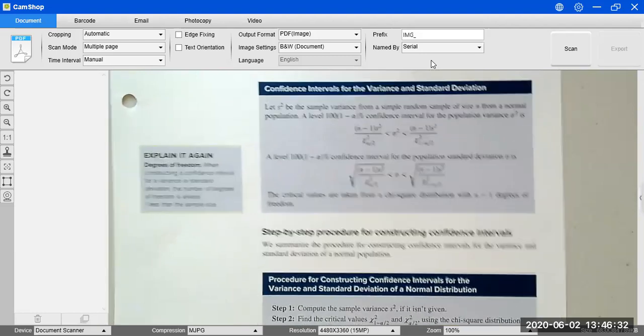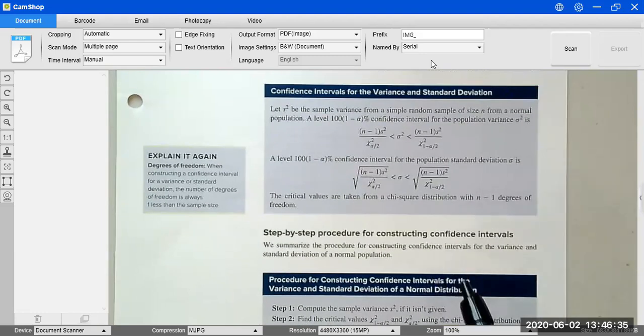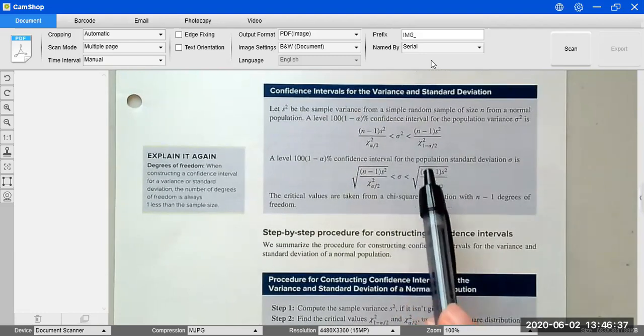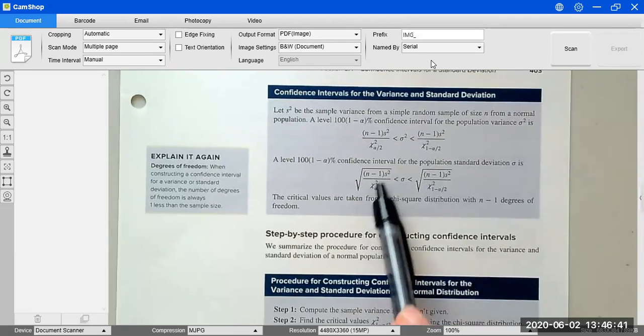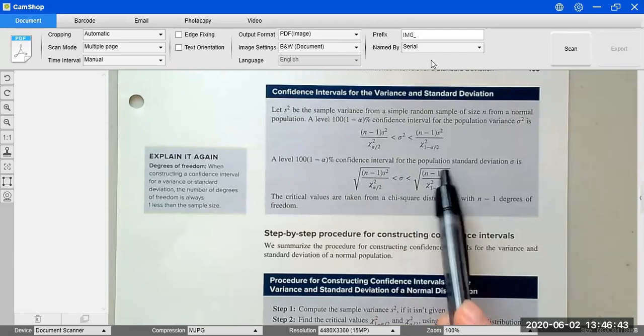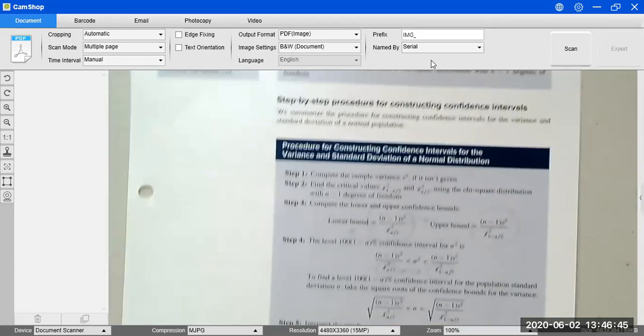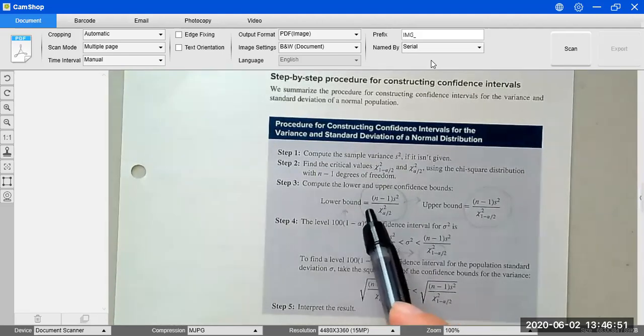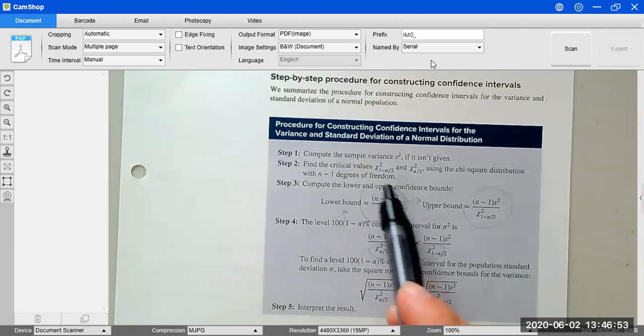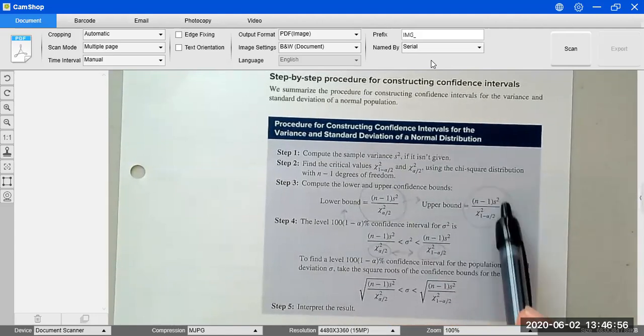The only thing with this information in your book is that the limits are reversed. This should be the upper and this should be the lower limit. When you are working the procedure, it's going to be the same thing. What they say is the lower bound is actually the upper bound, and this is the lower bound.